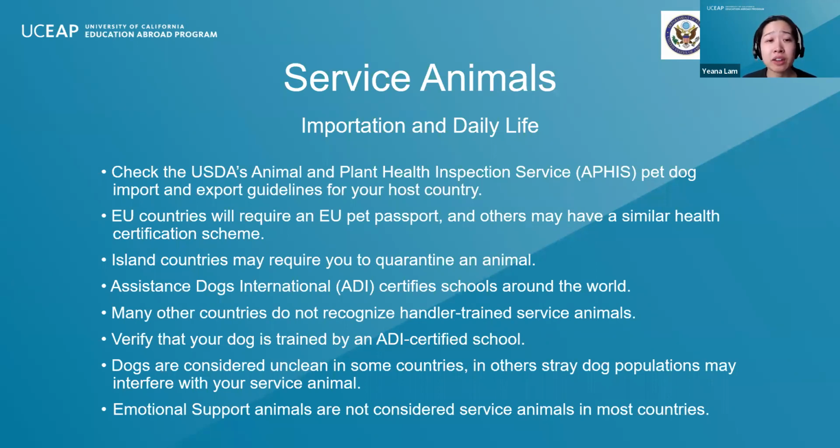You might have to verify that your dog is trained by a school certified by ADI, which is Assistance Dogs International, because many countries don't recognize handler-trained service animals. You may also want to consider whether the country has a large stray dog population and how that might interfere with your service animal.